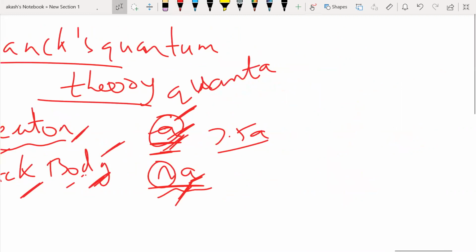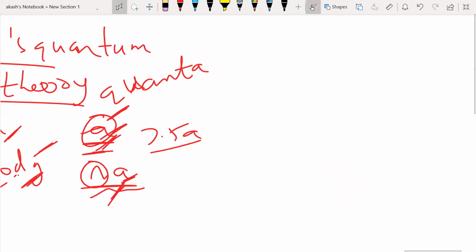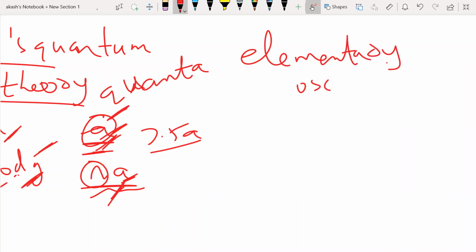Now let me tell you how he applied it to atomic structure. He said that all atoms are made up of numerous elementary oscillators. While his research was going on, the electrons were discovered at the same time.